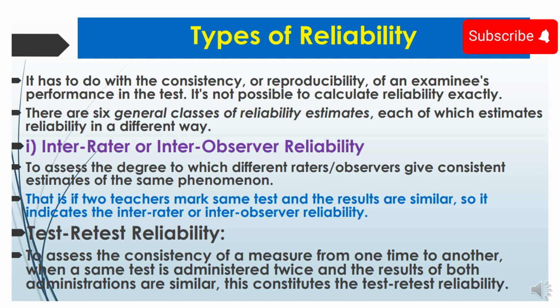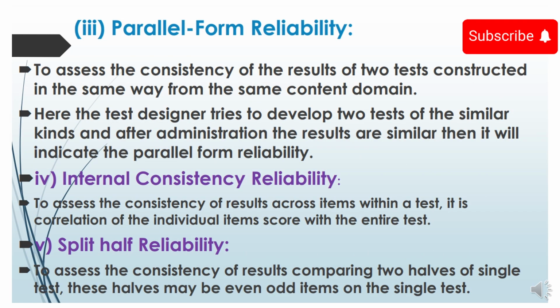The next is test-retest reliability. It assesses the consistency of a measure from one time to another. When the same test is administered twice and the results of both administrations are similar, this constitutes test-retest reliability. The third is parallel form reliability.